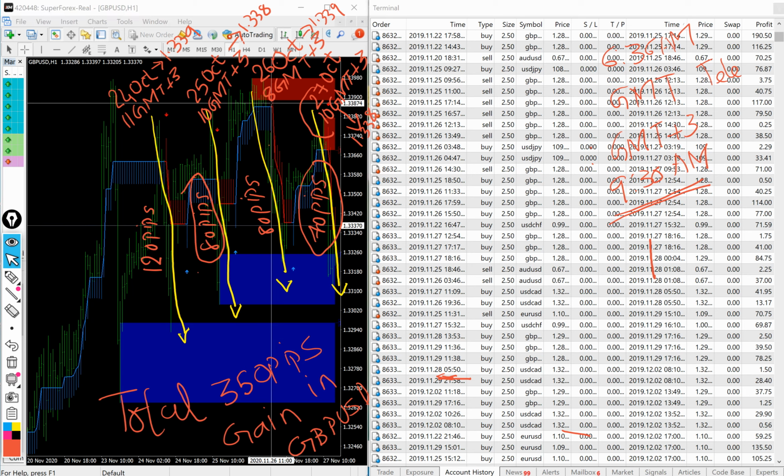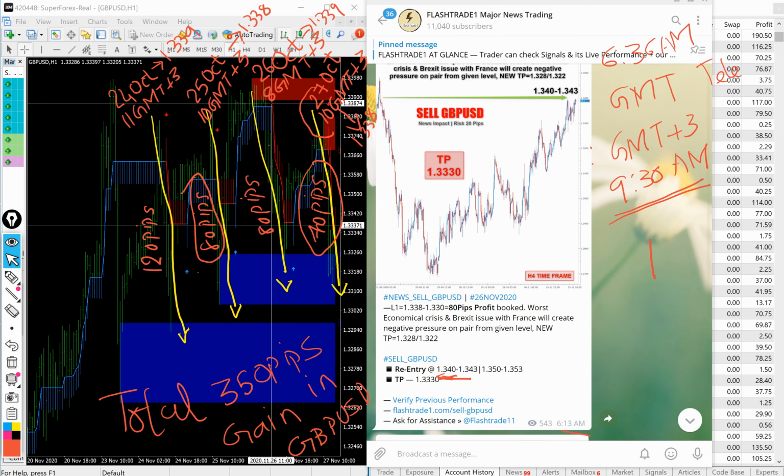So again, after the levels we gave at 9:13 AM, GBP USD traded high to 1.339. The given level was 1.340.